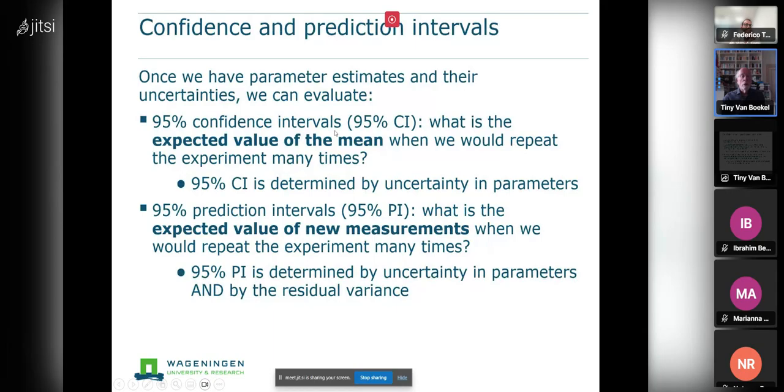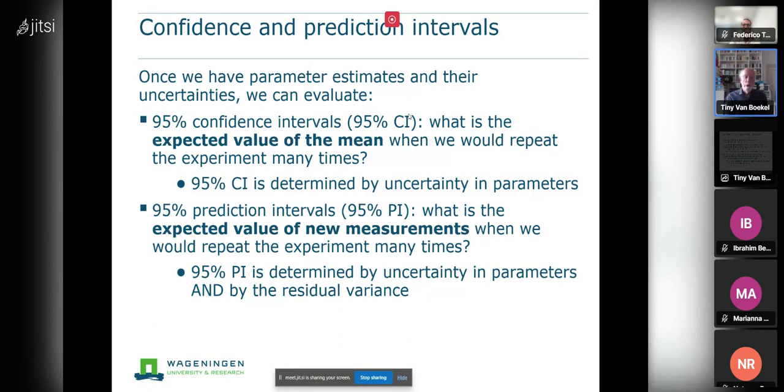We can also derive confidence and prediction intervals when we have parameter estimates and their uncertainties. The difference between the two is the following. If you want to calculate confidence intervals, this tells you something about the expected value of the mean.